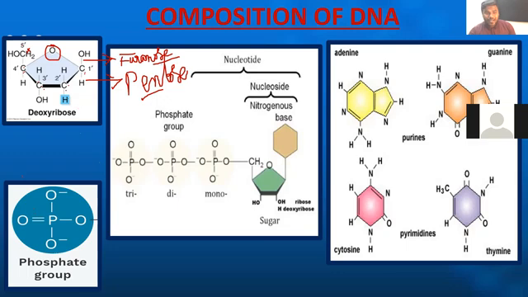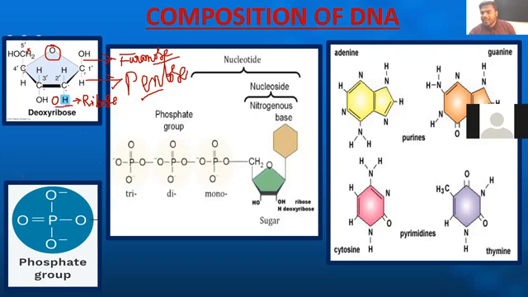Now you all know very well, if you look at the second carbon, if the second carbon contains an OH group, then I will call this a ribose. So we call our RNA ribonucleic acid all the time. The reason behind that is that it contains an OH group.